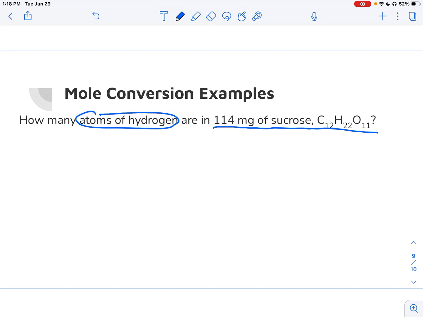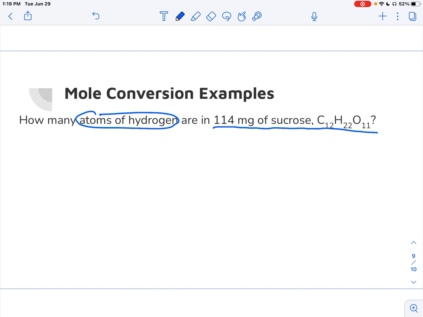Now, at first glance, this might look like a reaction stoichiometry problem because it has 2 different substances. But if you read the question carefully, first of all, there's no reaction. But second, it's saying how many atoms of hydrogen are a part of 114 milligrams of sucrose.